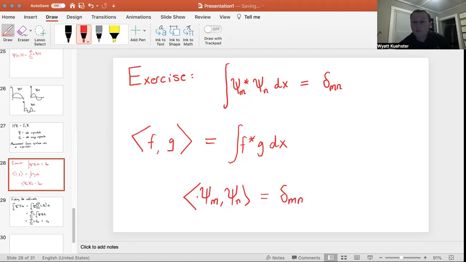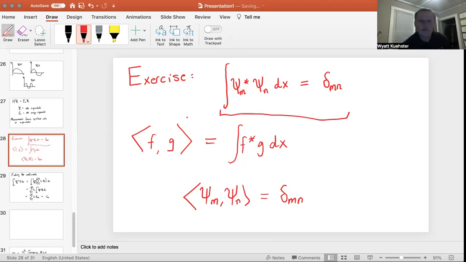In fact, they're an orthonormal basis for any of the square integrable functions from 0 to a. We won't show that they're a basis because we won't show that they span all of the L2 functions from 0 to a. But it's very easy to show that they're orthonormal. So that's an exercise for you. Just do the integral. See that you get 1. Obviously you get 1 because we normalized the wave function. But see that you get 0 when m is not equal to n.